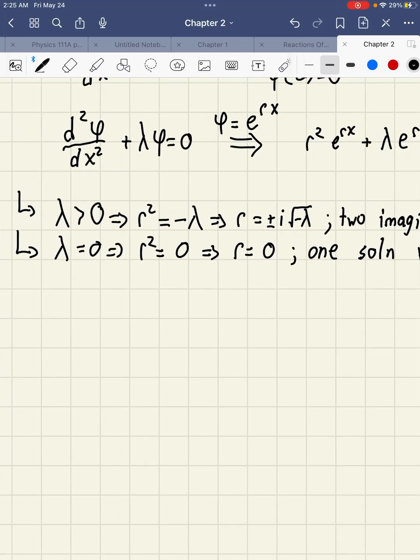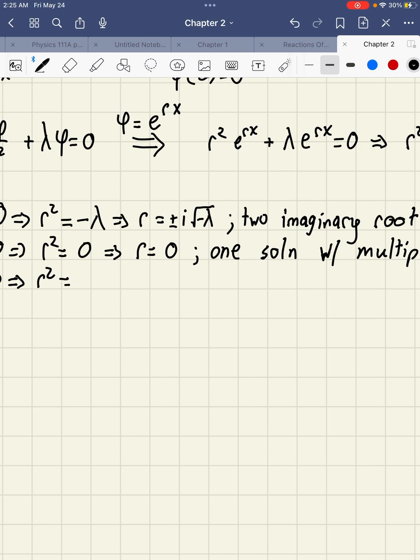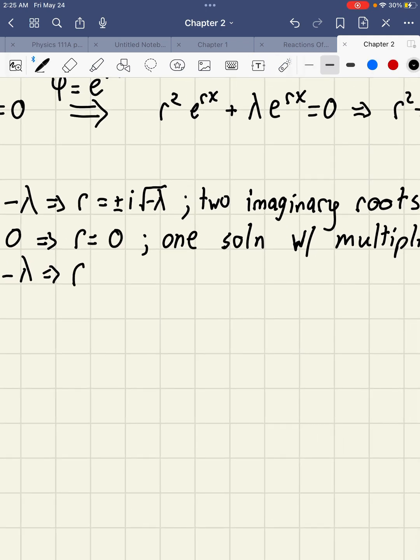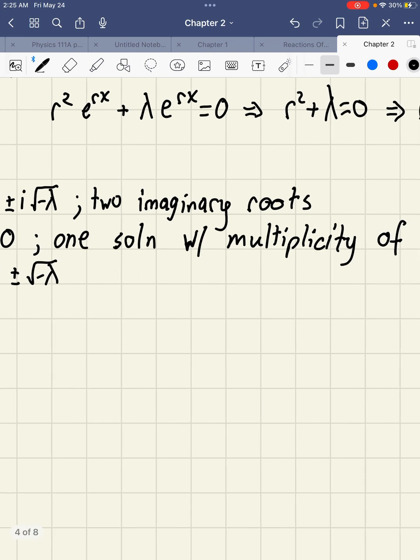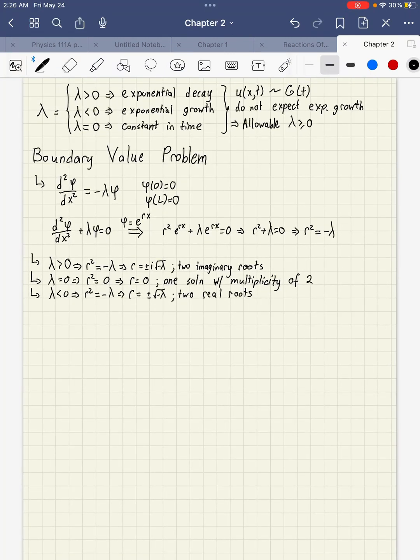And then lastly, for a lambda that is negative, my r squared is equal to negative lambda, which is going to be positive. Therefore, my r is equal to plus or minus the square root of negative lambda, and I get 2 real roots. Now, let's study each case separately and see which one is acceptable.